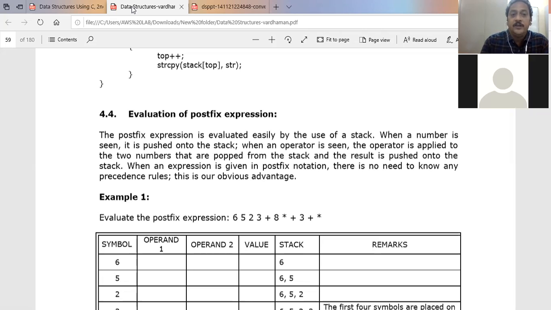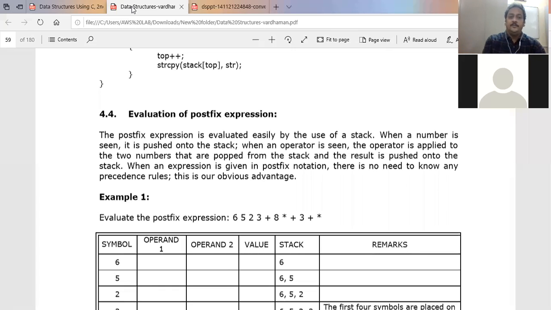These are the issues we consider while converting infix to postfix. At the end, once you reach the end of the expression, if any operators are still on the stack, pop all the operators from the stack and add them to the postfix string. Is it clear? Sandeep?